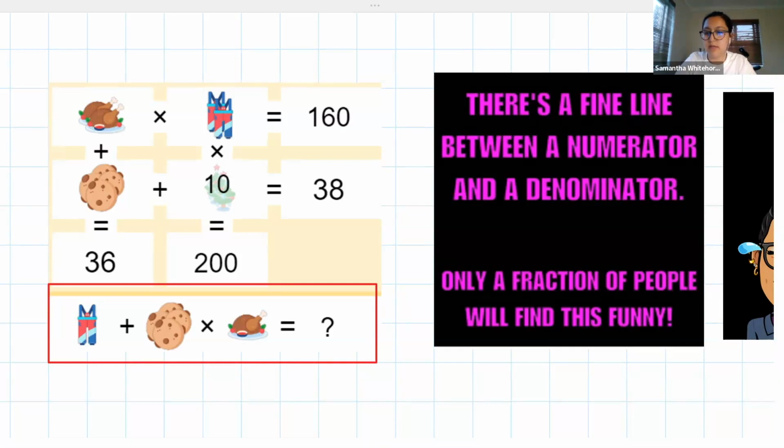Remember, it's like solving an equation. Let's see who's going to get it first. Let's go, guys. This is such a good exercise for your brain.